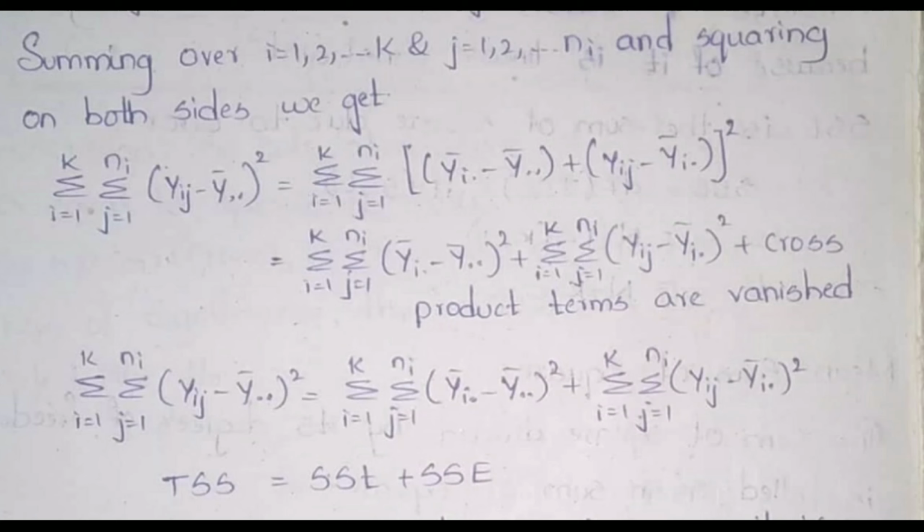Here we get the a plus b whole square form, so we write a square plus b square plus 2ab.